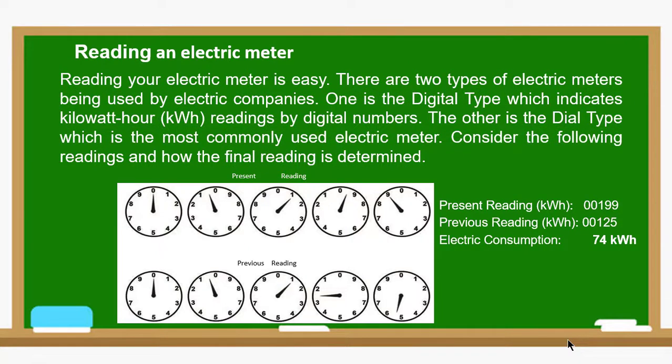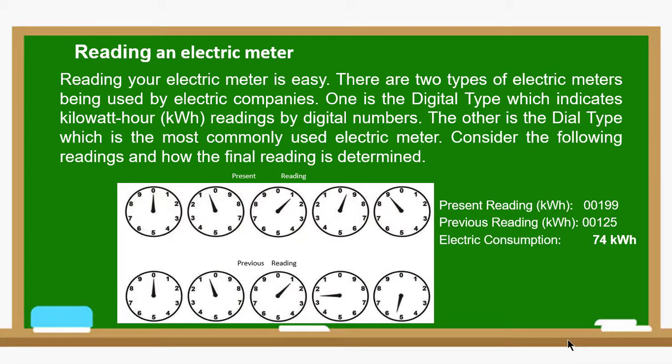Reading an electric meter. Reading your electric meter is easy. There are two types of electric meters being used by electric companies. One is the digital type, which indicates kilowatt-hour readings by digital numbers. The other is the dial type, which is the most commonly used electric meter.